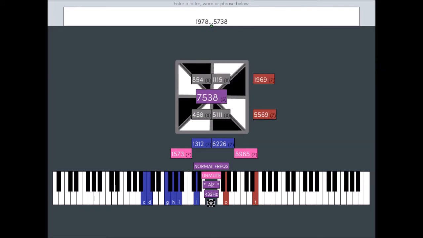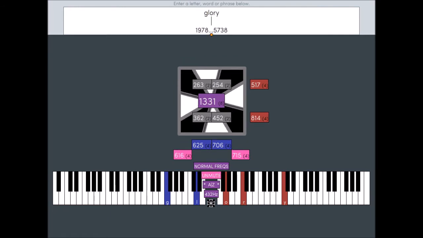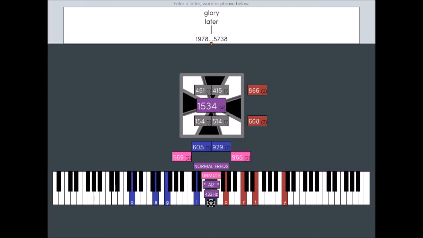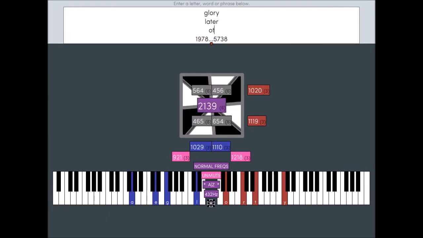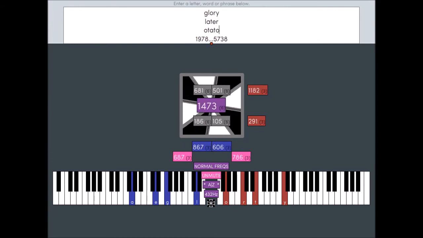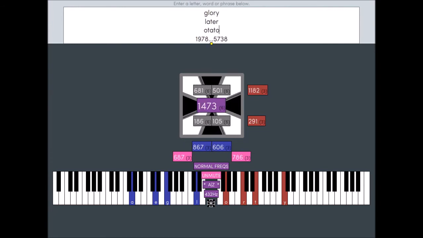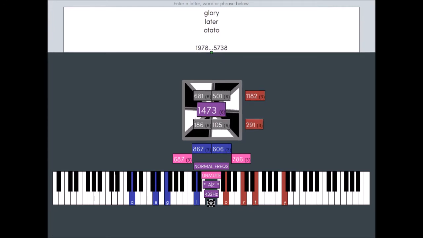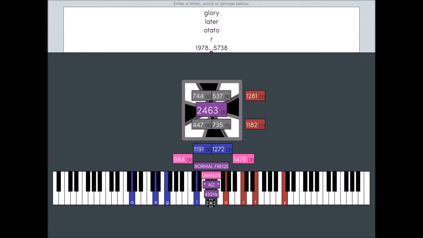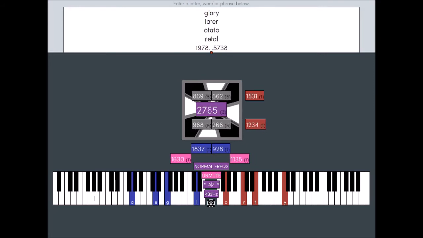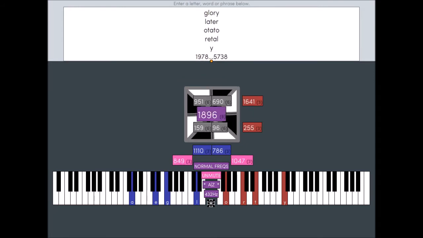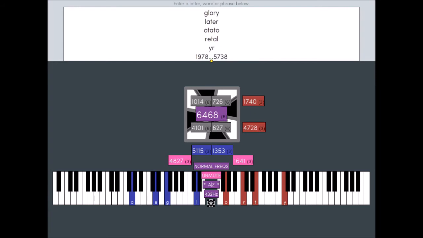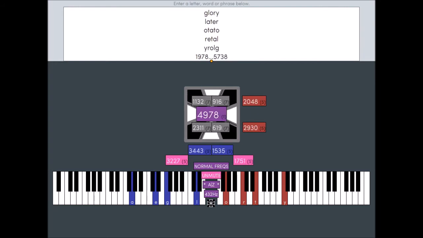And then here I got the glory later, OTATO versus the OTBTO in the crown square. TALYROLG.